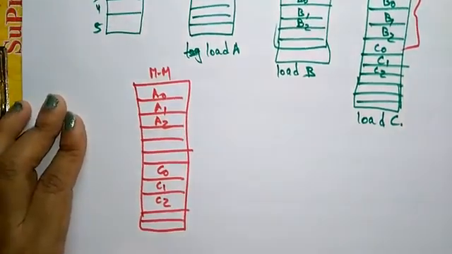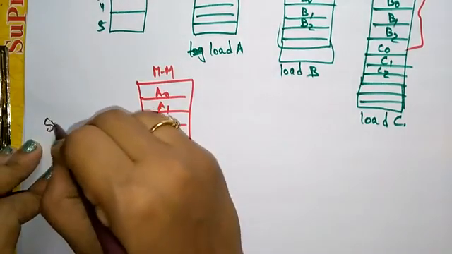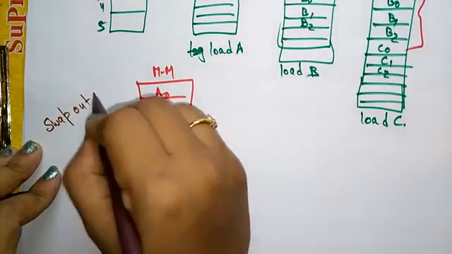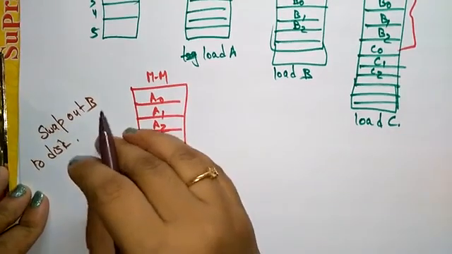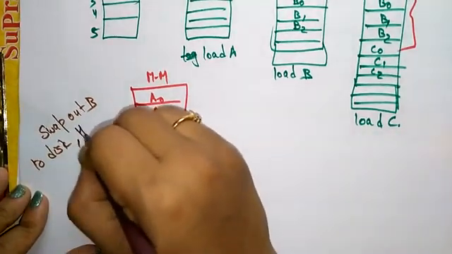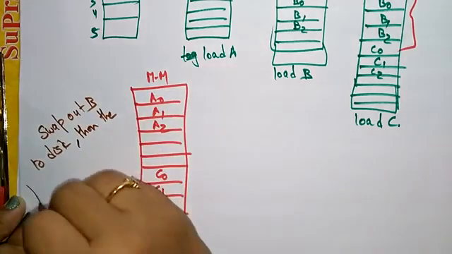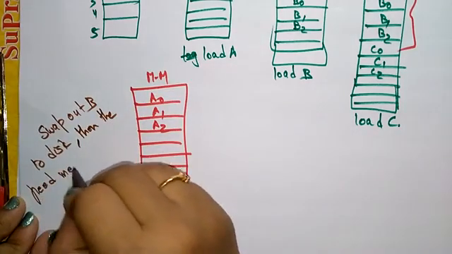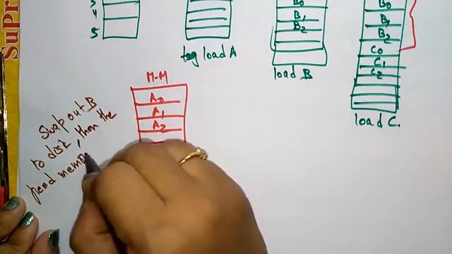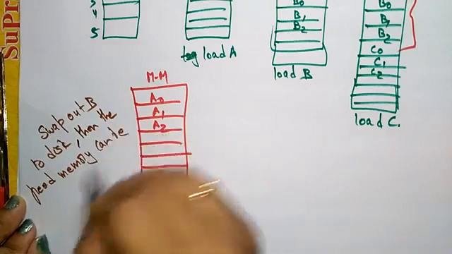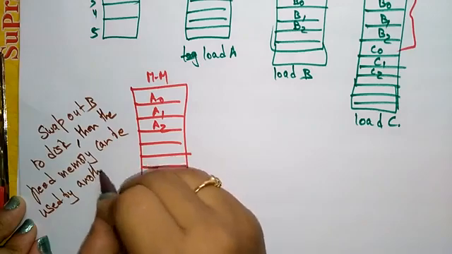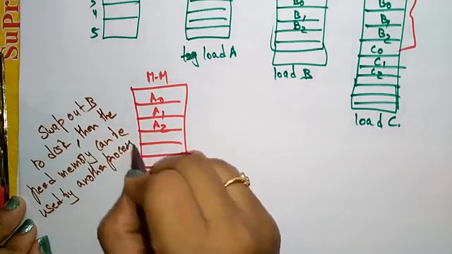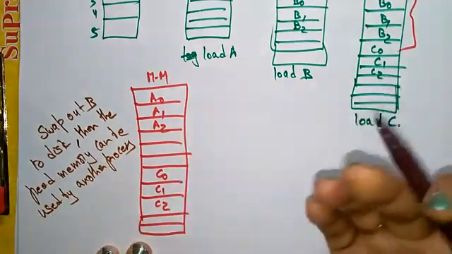So what I have done here is swap out B to disk, meaning to the secondary memory. Then the freed memory can be used by another process. Whatever free memory is there can be used by another process.